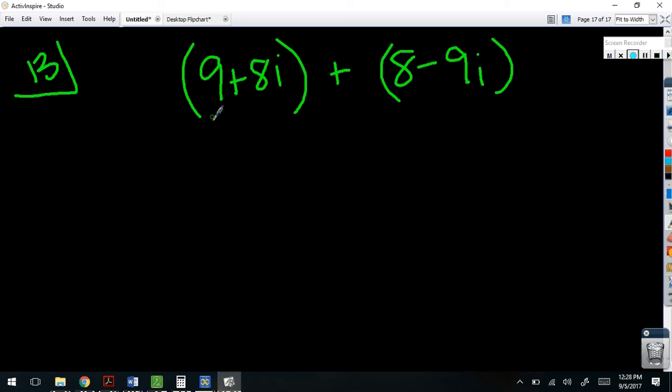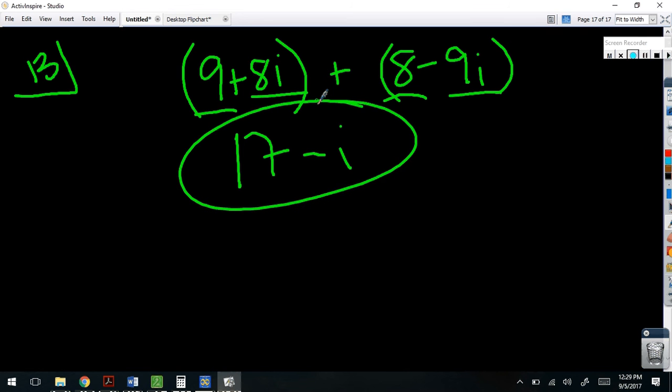All right, let's look at our real numbers. 9 and 8 give me 17. 8i and negative 9i is negative 1i. Right? Yep. That's it.